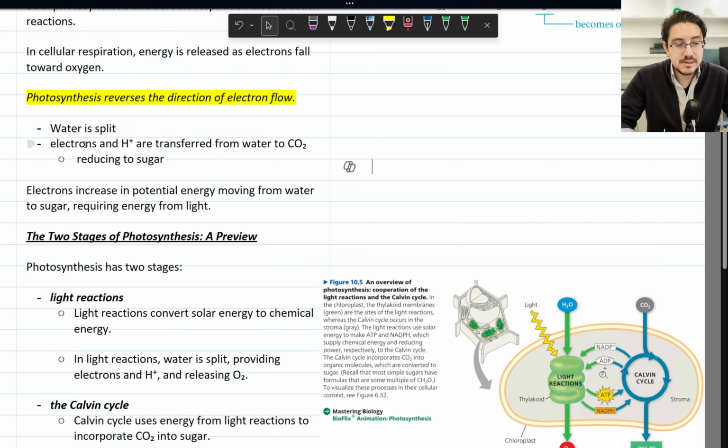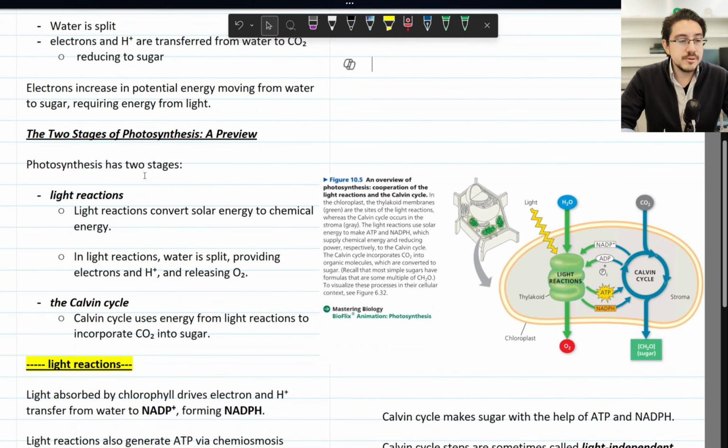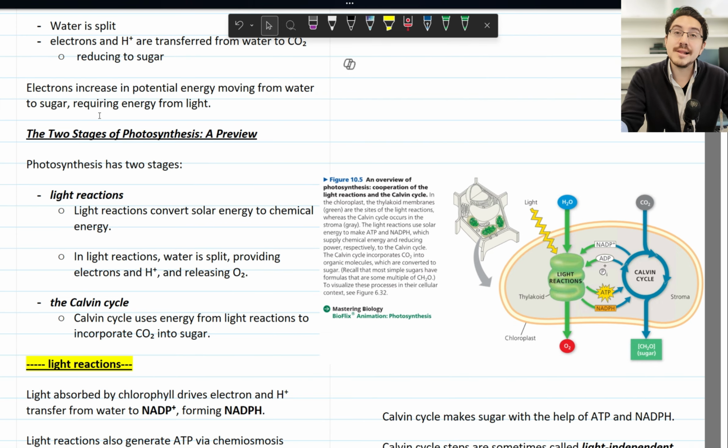So having this flow of electrons and some hydrogen ions will be used to produce sugar. Electrons increase in potential energy, ultimately moving from water to sugar, and that will require some source of energy to promote this whole process, which is light.